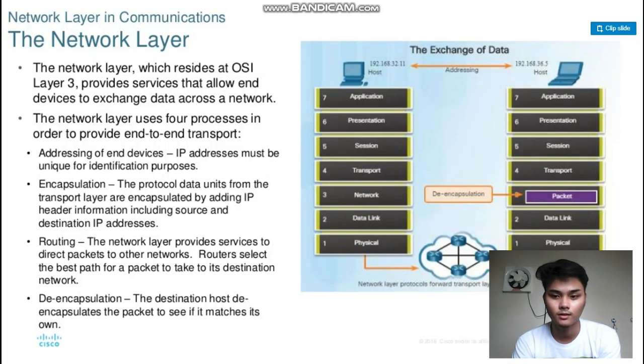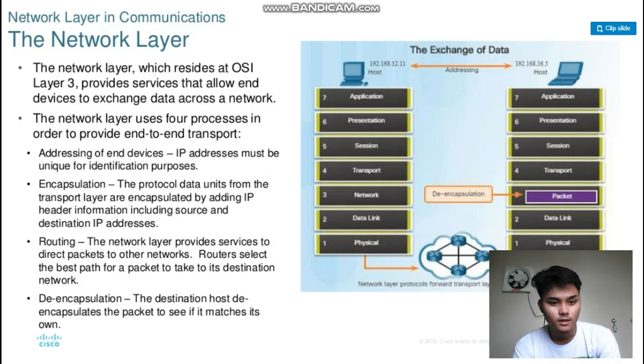So network layer protocol. The network layer, which resides at OSI layer 3, provides services that allow end devices to exchange data across the network. So we have addressing of a device, encapsulation, routing, and decapsulation.